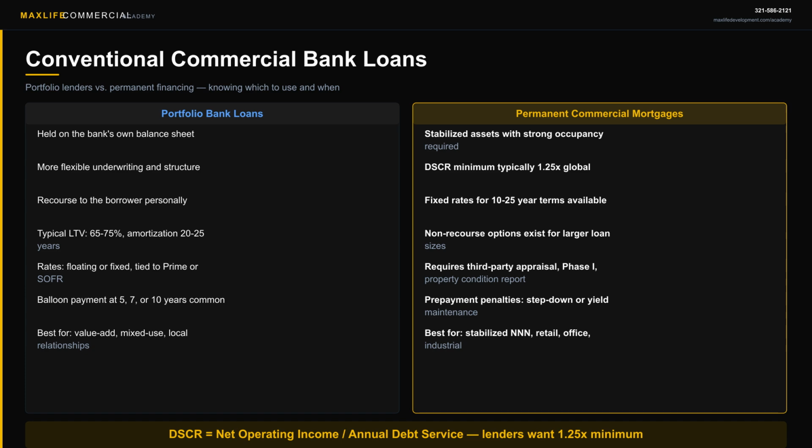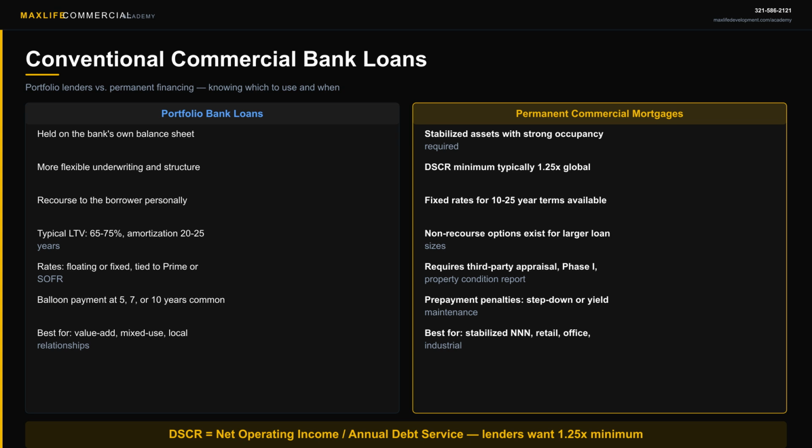Expect loan to value in the 65 to 75% range, amortization over 20 to 25 years, rates that float or fix off prime or SOFR, and a balloon payment due at 5, 7, or 10 years. Those are great for value add plays, mixed use, and deals where a local banking relationship carries weight.